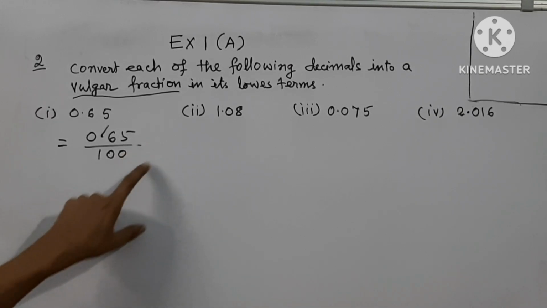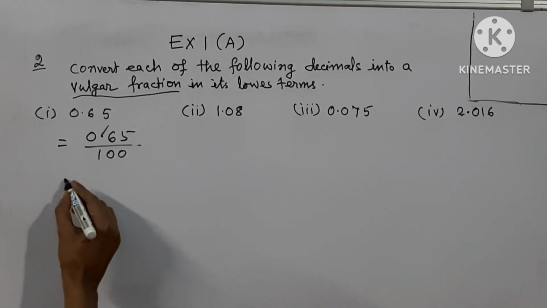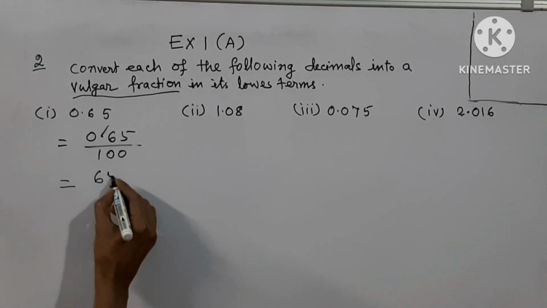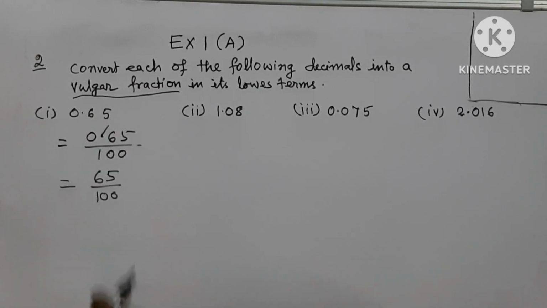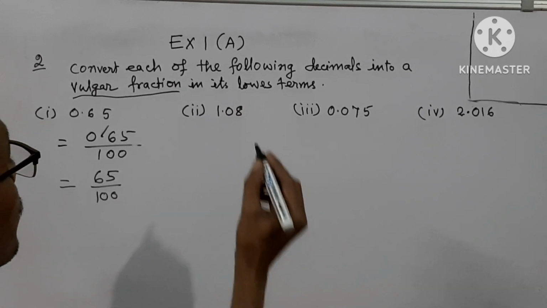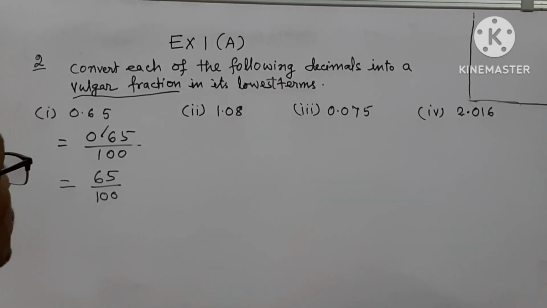This 65 by 100 is your converted fraction of 0.65. But is it in lowest terms?